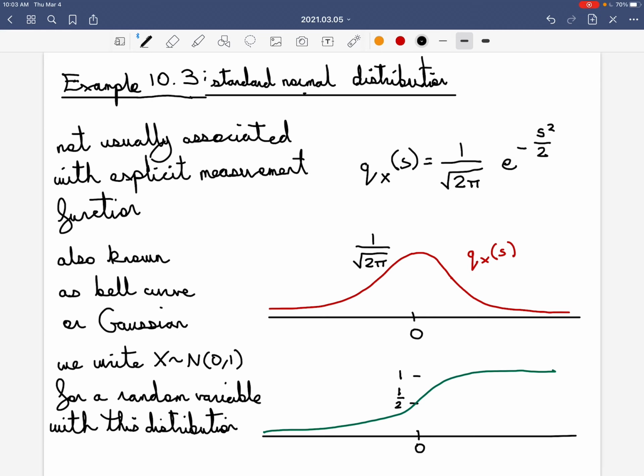The reason the cumulative distribution never actually maxes out at 1 is because the red bell curve, which is the density, never actually decays all the way to 0. So if you have a bell curve, there's always a probability of having an outlier no matter how extreme.